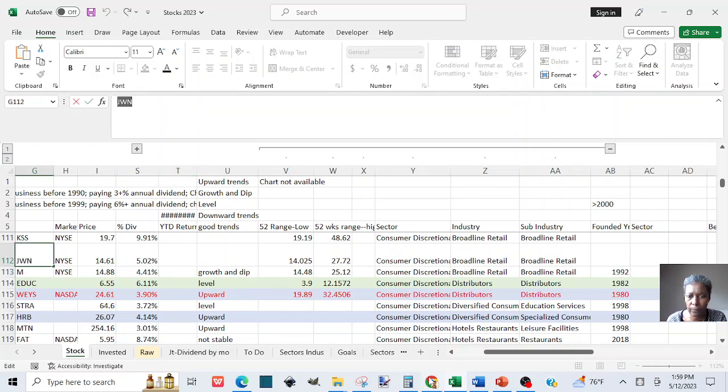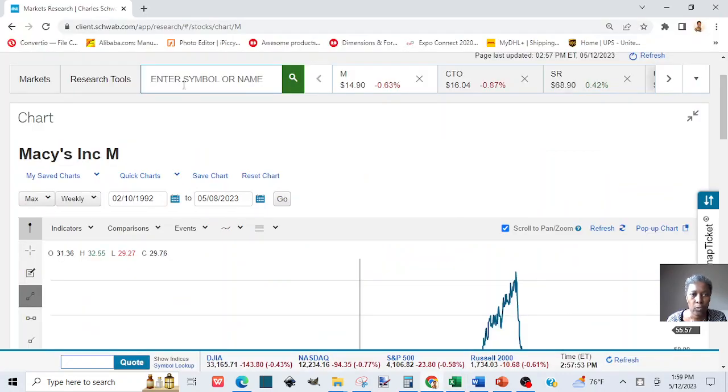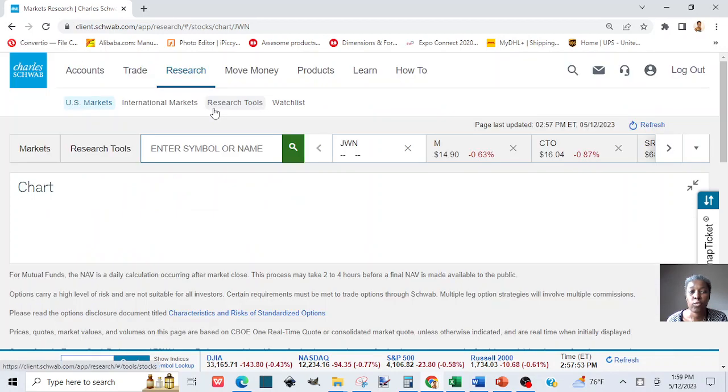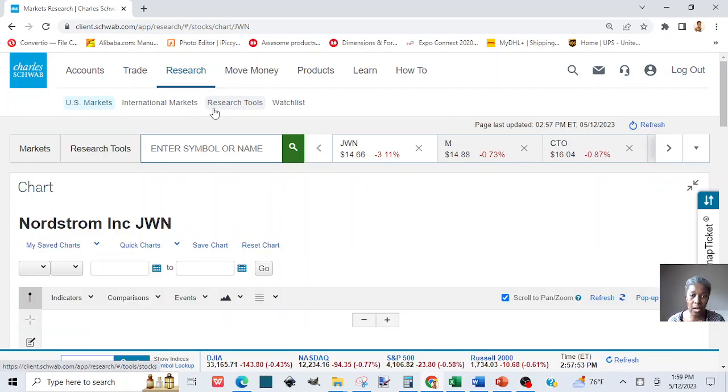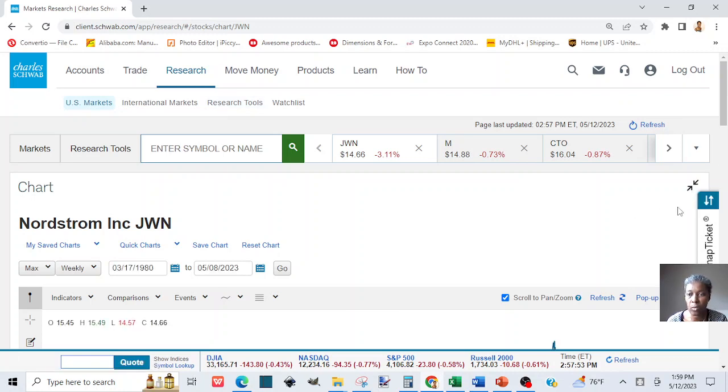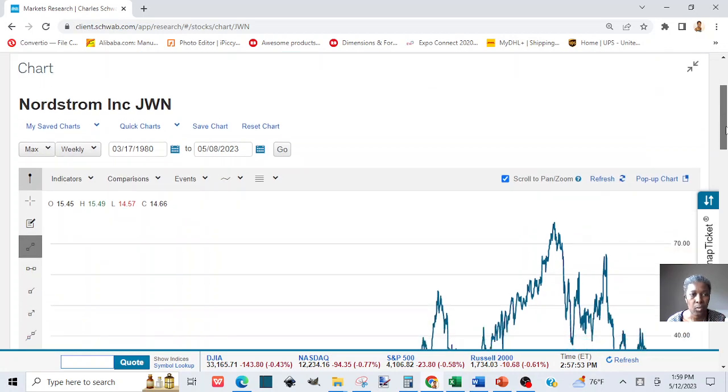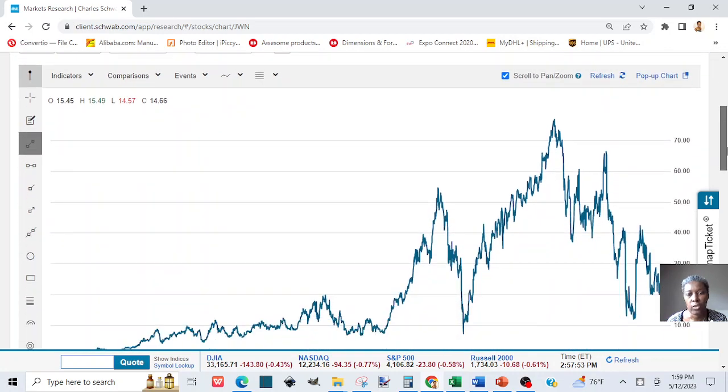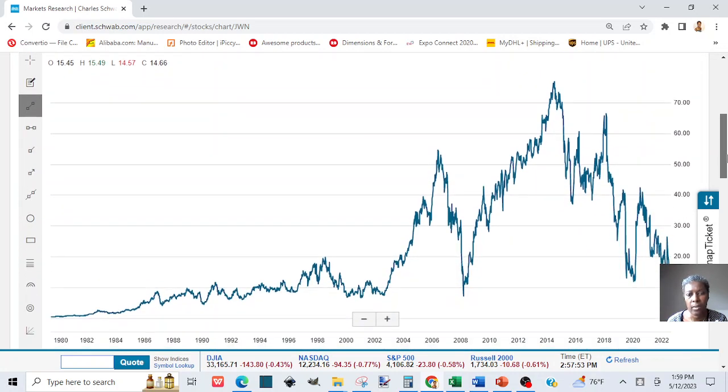Nordstrom, I believe, right? So we are just going to search it on top, and it should keep us on this chart page. And if you want to go back to the summary page, you will click on those arrows back, and it will take you. But from here, you can just analyze them.